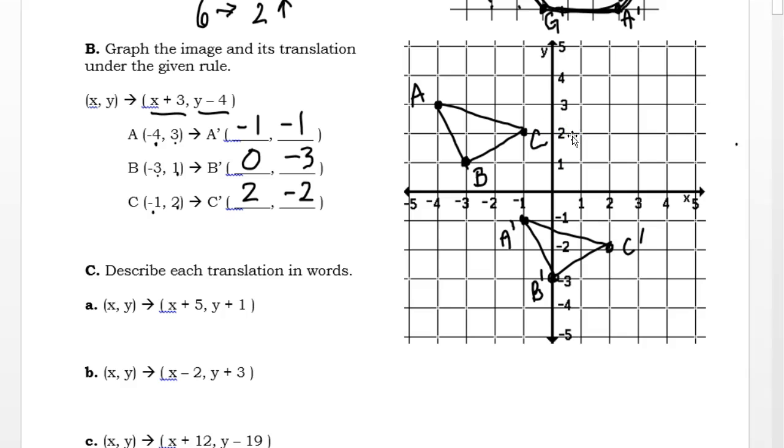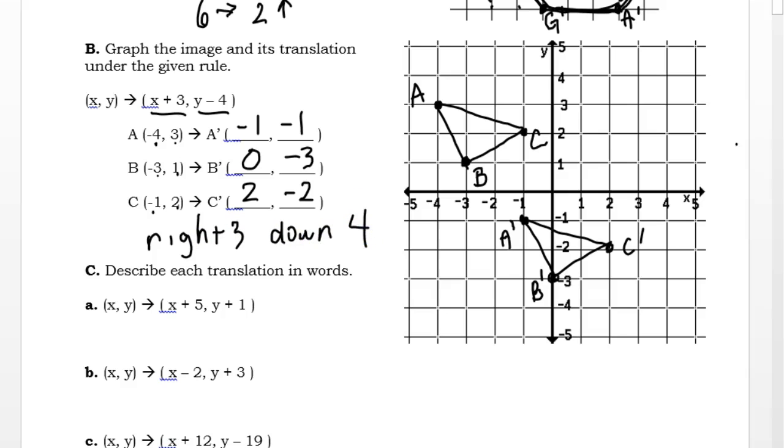So there's another way to get this answer without having to do all of the adding and subtracting, and it's related to what we did with the vectors. So if I see an x plus 3, that's telling me to go right 3. And if I see a y minus 4, that's telling me to go down 4.